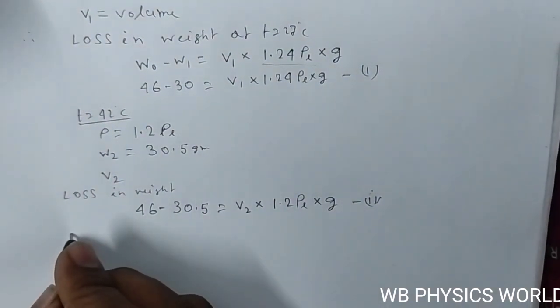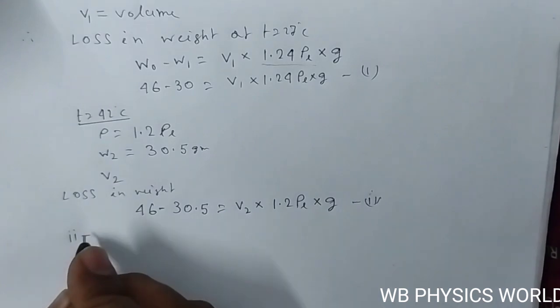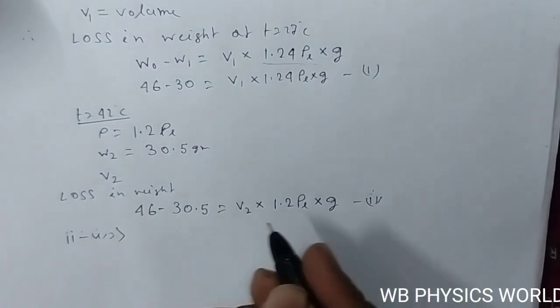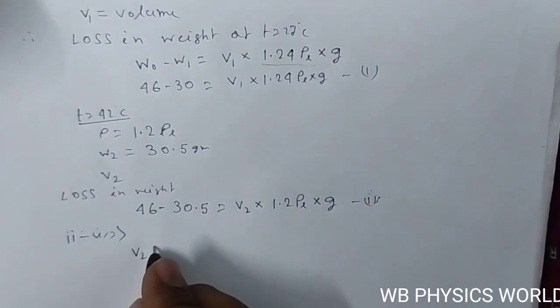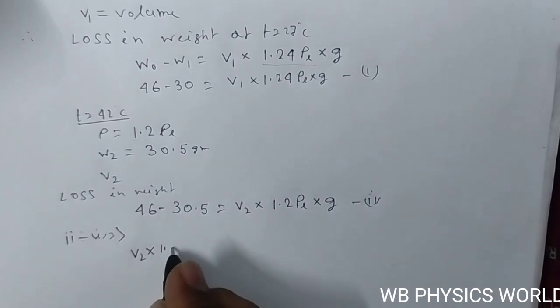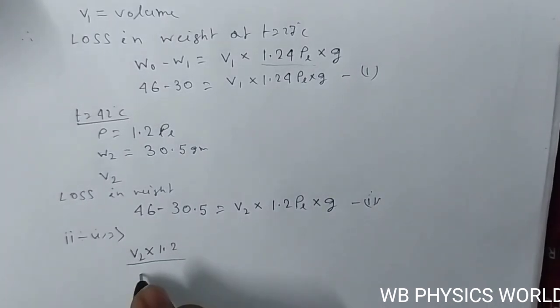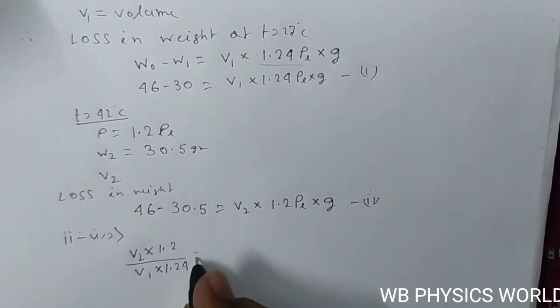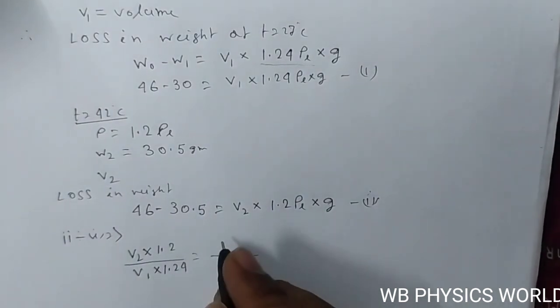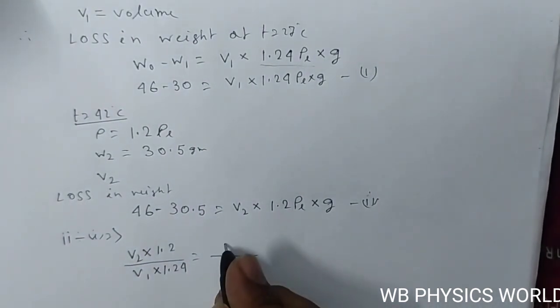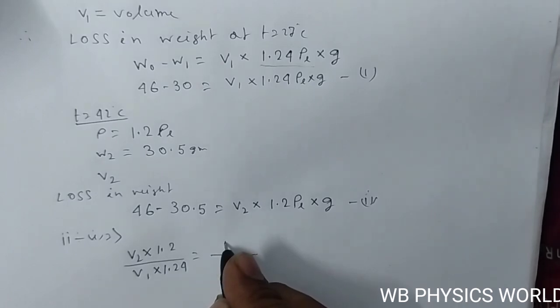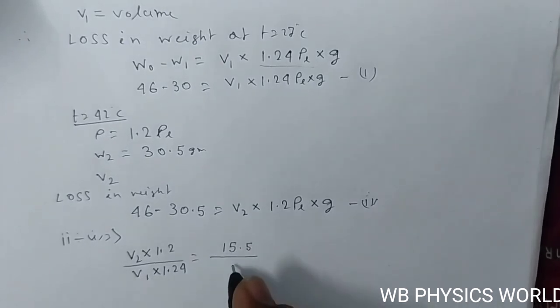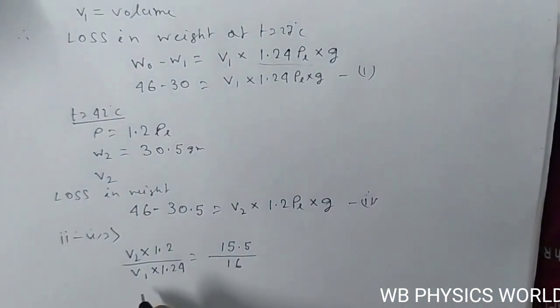Now dividing equation 2 by 1, we get V2 into 1.2 by V1 into 1.24 equal to 15.5 by 16.